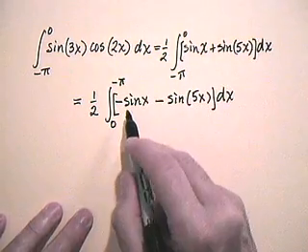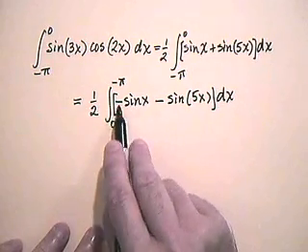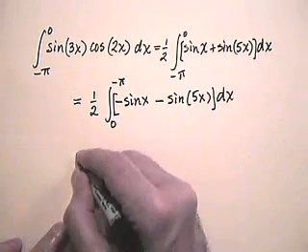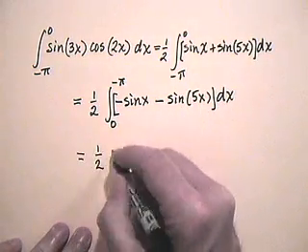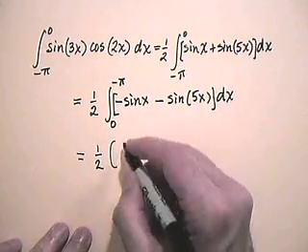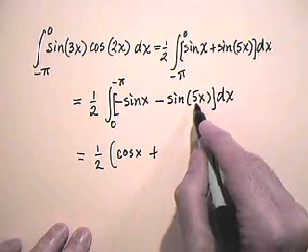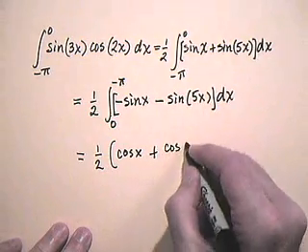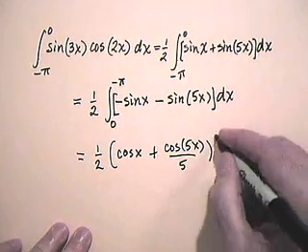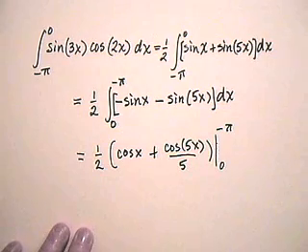Now, the derivative of cosine x is negative sine x, so each term has antiderivative as a cosine function. We have 1/2. Antiderivative of negative sine x is cosine x. Antiderivative of negative sine 5x is cosine of 5x over 5. That's to be evaluated from 0 to negative pi.